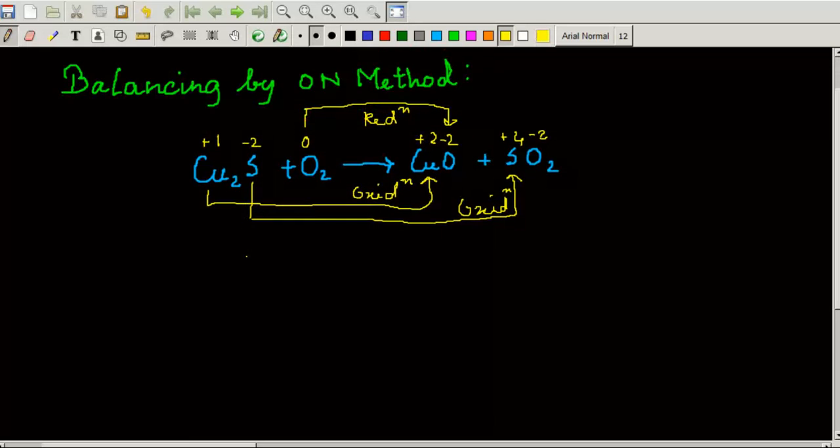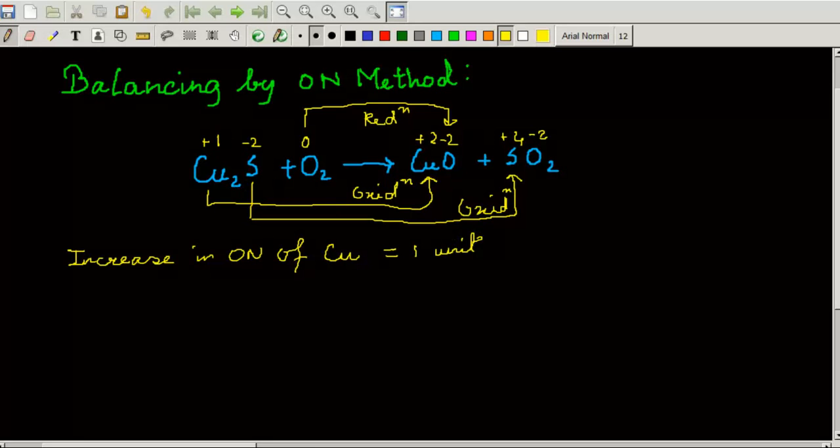Next, we have to write the increase and decrease in the oxidation number. Increase in oxidation number of copper is from 1 to 2, that is 1 unit.